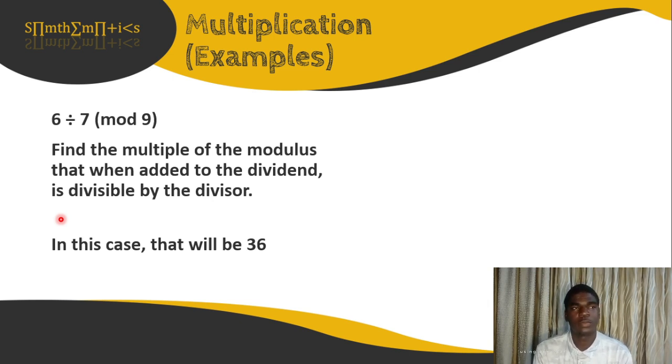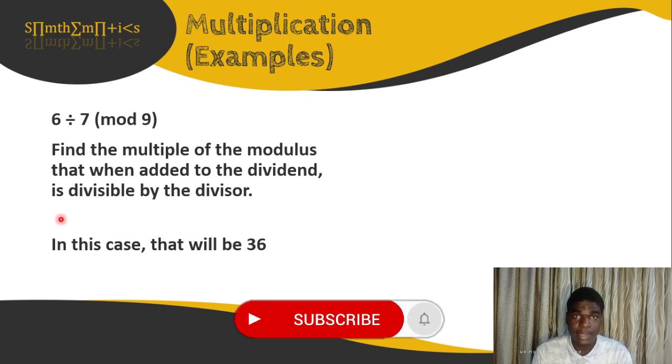We're looking for the lowest multiple of the modulus that when you add it to the dividend will be divisible by the divisor. So let's try 9, the first multiple of 9. 9 plus 6 gives you 15, which is not divisible by 7.